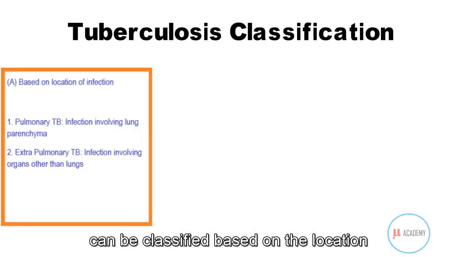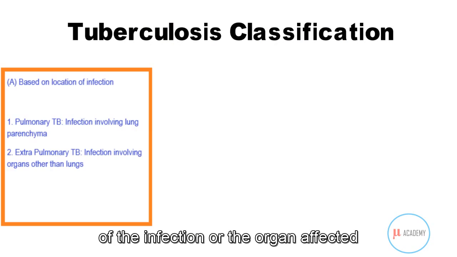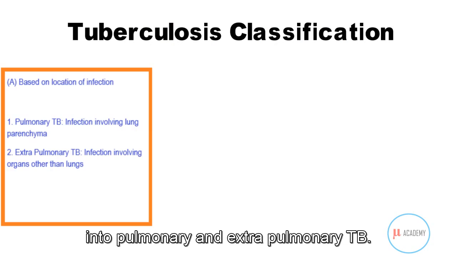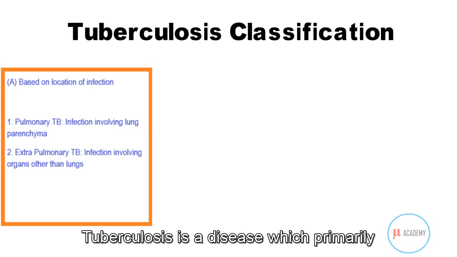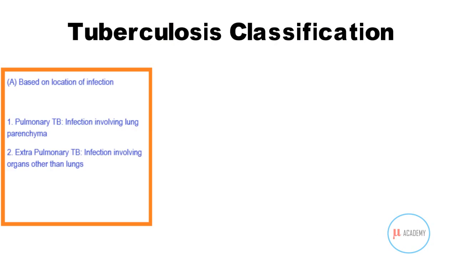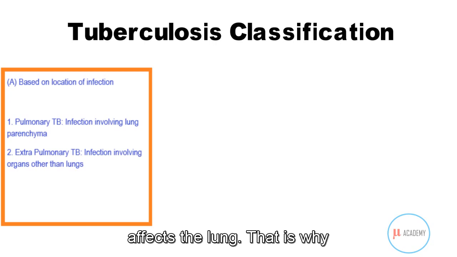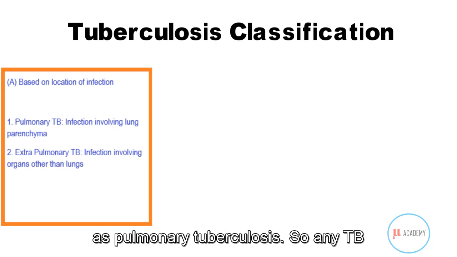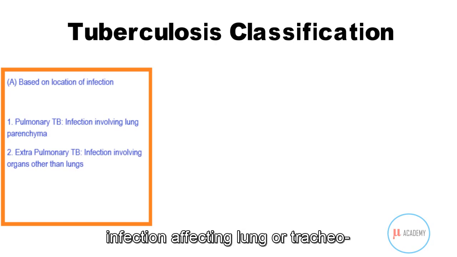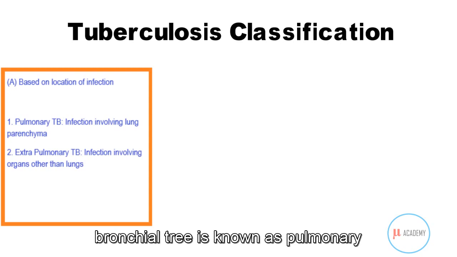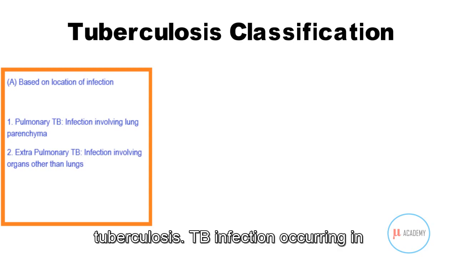Tuberculosis can be classified based on the location of the infection or the organ affected into pulmonary and extrapulmonary tuberculosis. Tuberculosis is a disease which primarily affects the lung. That is why we have a separate classification called pulmonary tuberculosis. So any TB infection affecting lung or tracheobronchial tree is known as pulmonary tuberculosis.